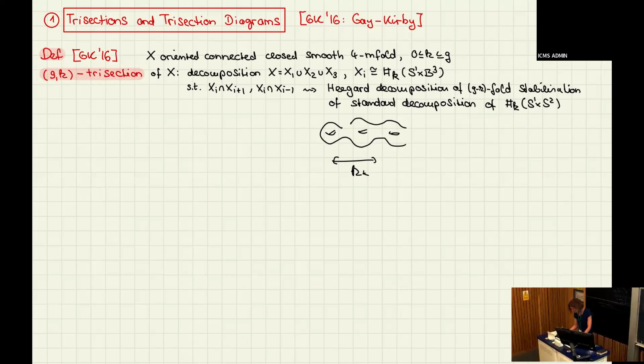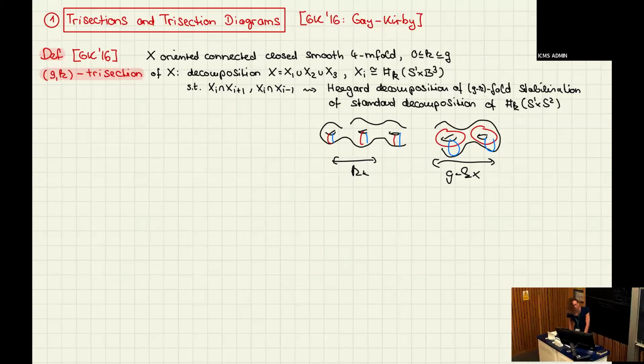So in the Heegaard diagram you would have lines in red and blue as usual, and then you would have another part that comes from the stabilization, where the blue and red lines lie as the A and B cycles of the torus. So in terms of Heegaard diagrams, this is what the intersection of two subsequent ones looks like.